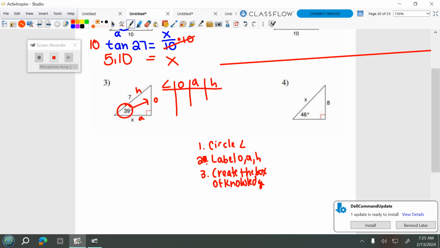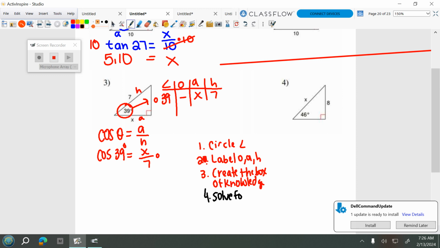The angle's 39. Opposite is missing. Adjacent is x. Hypotenuse is 7. So this is a cosine. So set up my equation: cosine of theta equals A over H. Cosine of this angle, 39 degrees, equals A, which is x, over H, which is 7. I'm going to multiply to get rid of the denominator and solve for x.